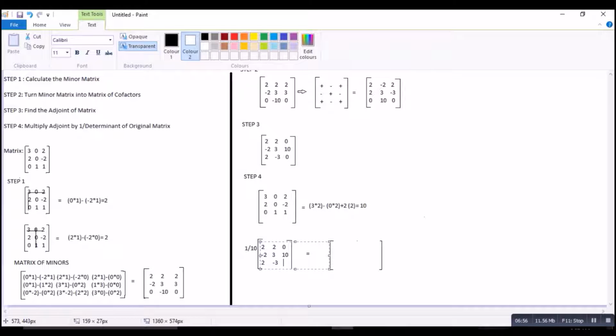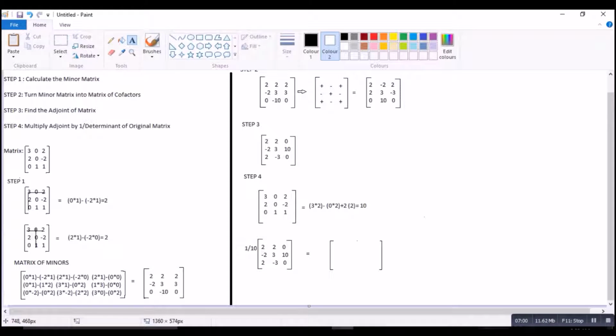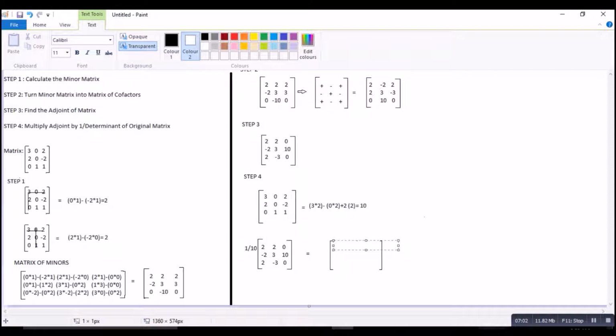So our resultant matrix, that is the inverse matrix, will give the values 2 over 10, that is 1 over 5. The second value will also be 1 over 5. The third value will remain 0. Now the fourth will be -1 over 5.